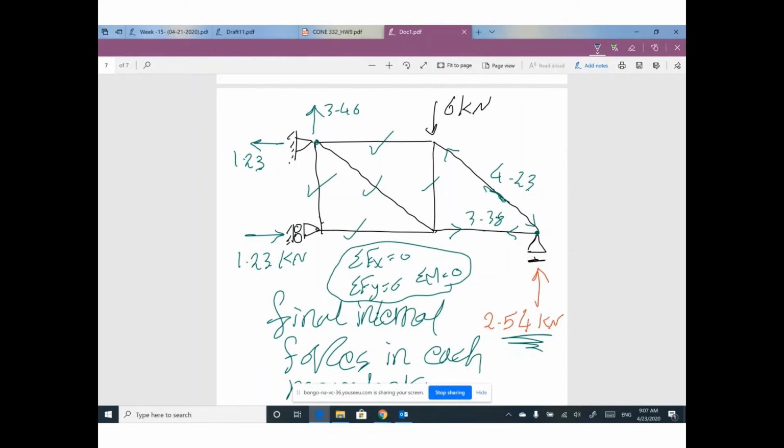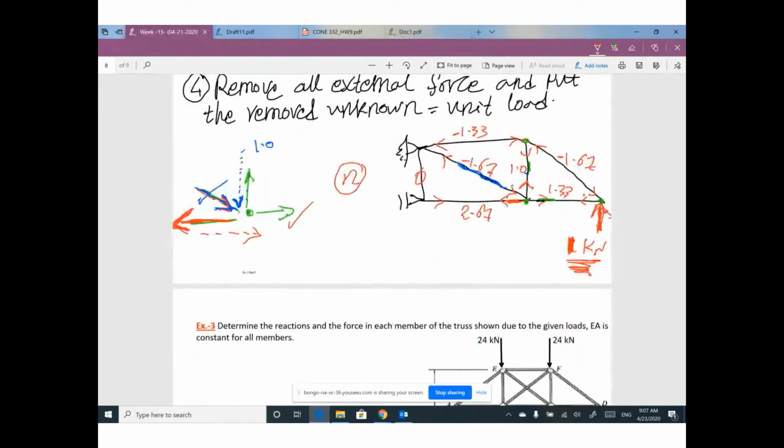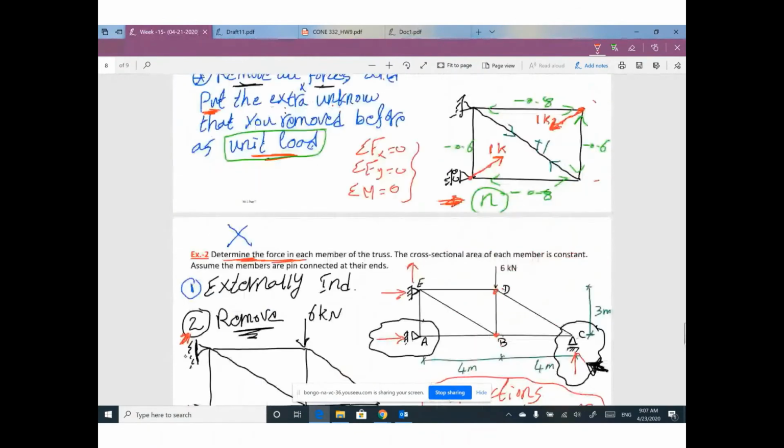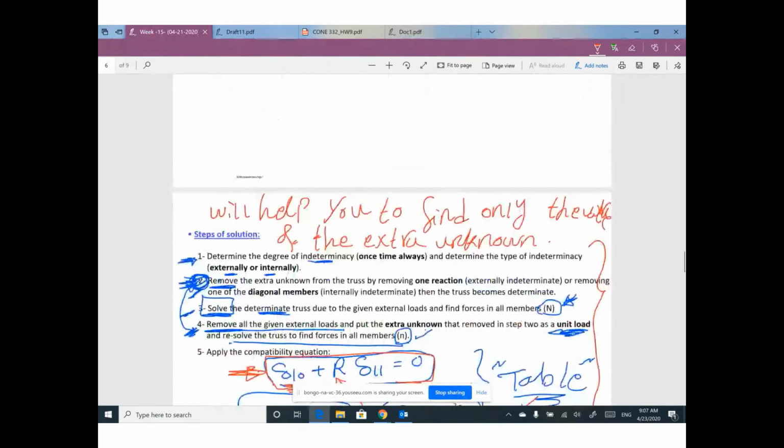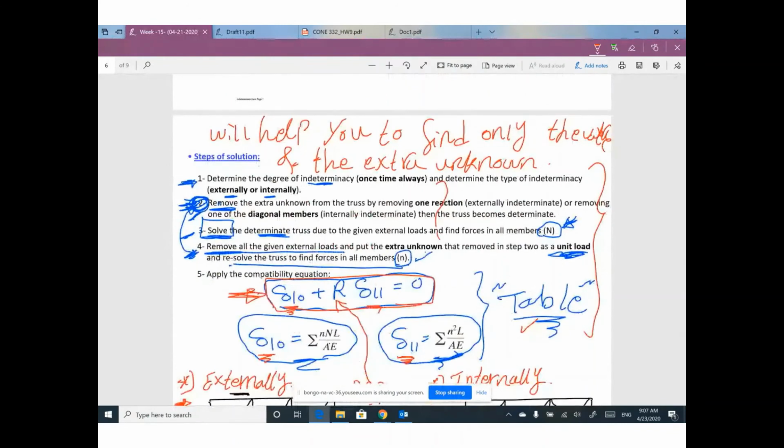I would like to confirm a very important piece of information: this method will not solve your truss, but it will help you get the value of the extra unknown, the extra reaction force, or the extra member. Once you get the value of the extra member, your truss looks like the one you learned in chapter 3.